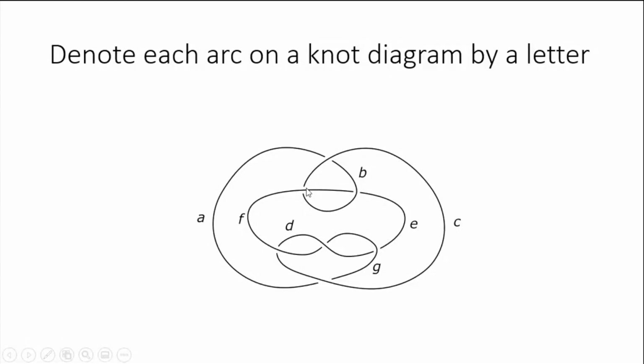So an arc is a part of the knot diagram between one undercrossing and another undercrossing. To start with, denote each one of the arcs with a letter. And after that, as you want to produce a group or something like this, introduce some relations at each crossing.